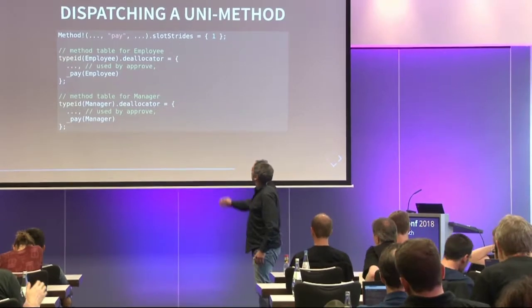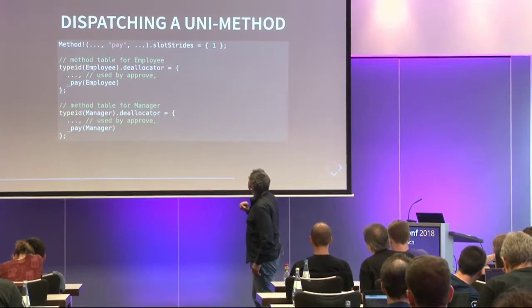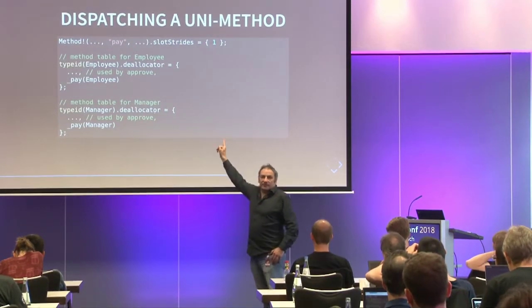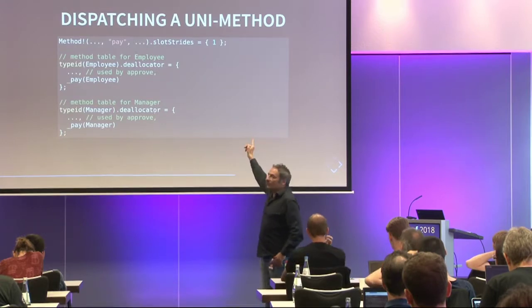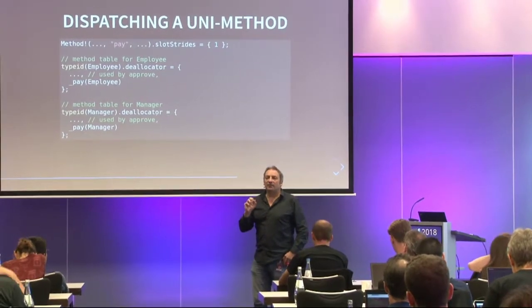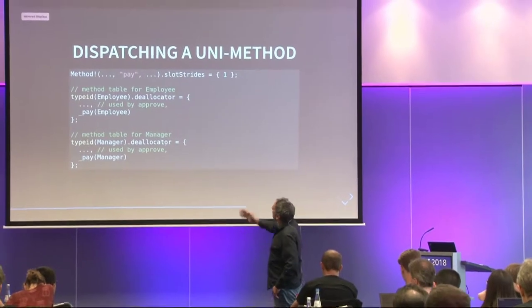If I call pay, inside the method there is a static variable which is called slot strides, which contains the current position of the function pay inside the method tables.